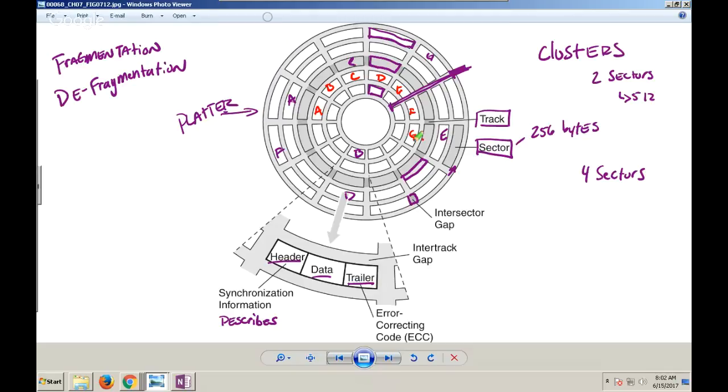Significantly improved, right? Because rather than now having to wait for both the read-write head to spin in and out, as well as waiting for the platter to rotate to the correct place, I can read that all at once, okay?